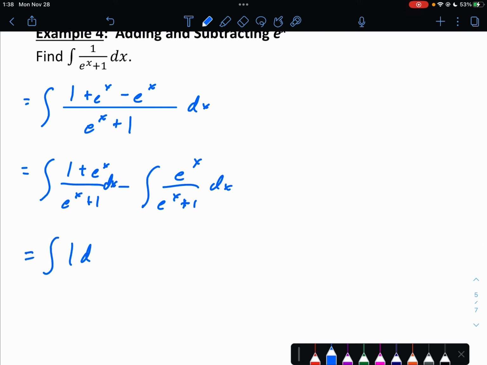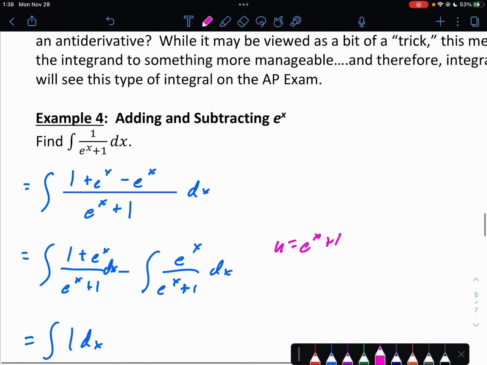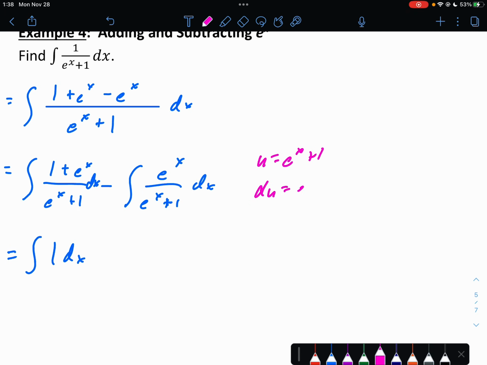Integrating 1 dx. And the second one here, I can use a little substitution to transform this into 1 over u du.